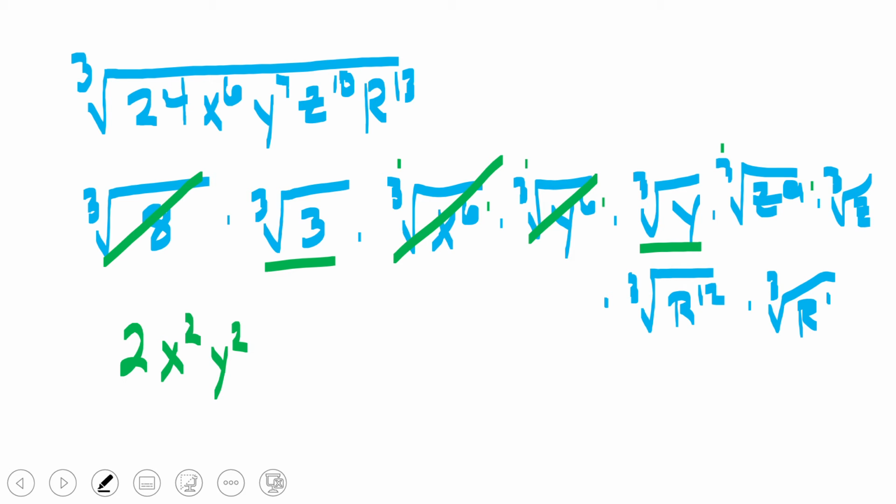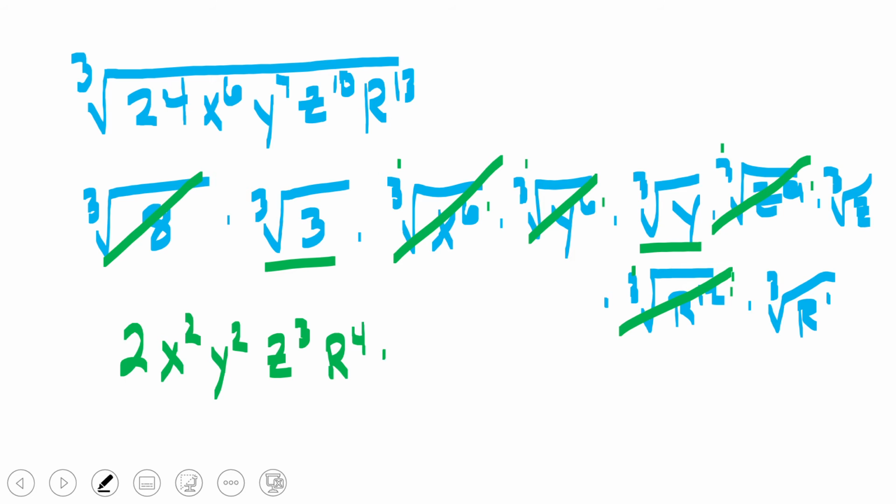9 divided by 3 leaves a z to the 3rd power. Address that. And then 12 divided by 3 leaves an r to the 4th power. We address that one.